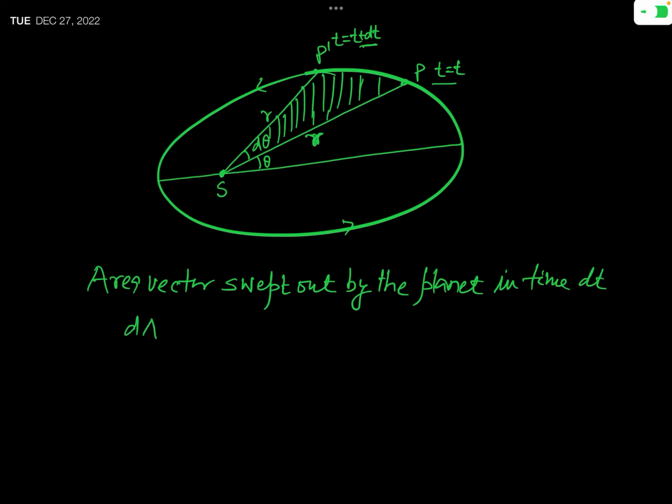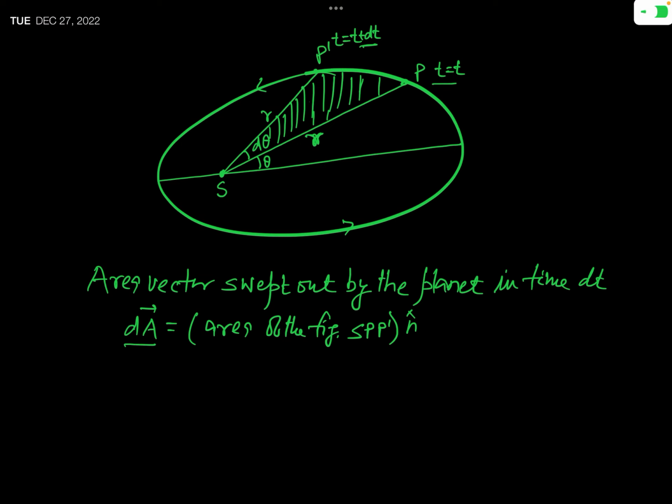If this is dA, then this will be equal to the area of the figure SPP prime times n hat. I have written area vector, and you know the area vector is always normal to the surface.